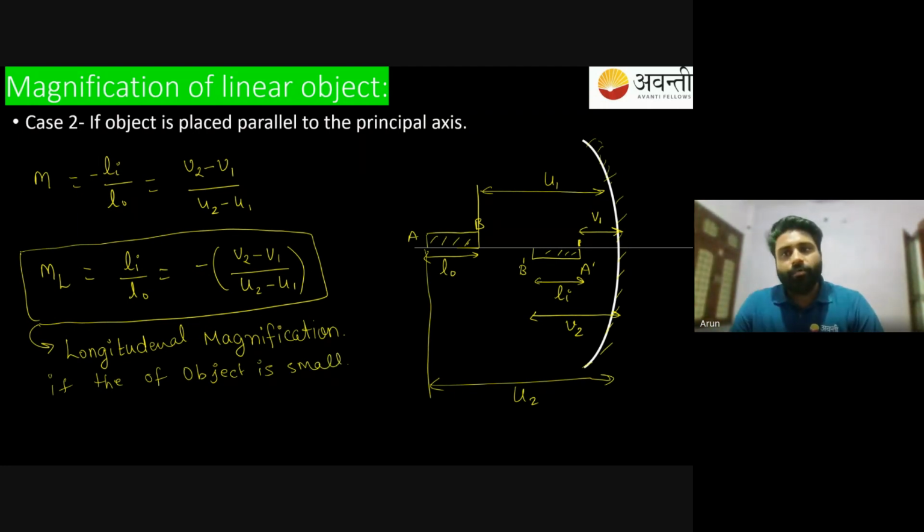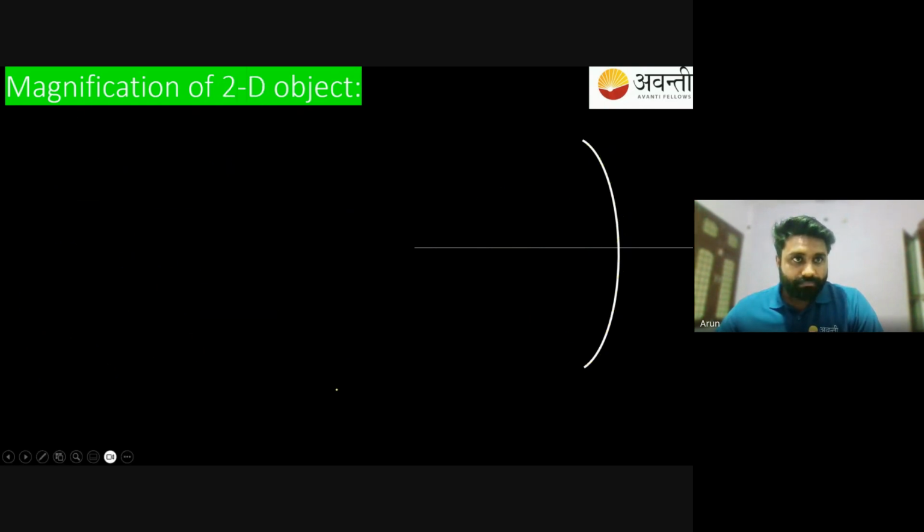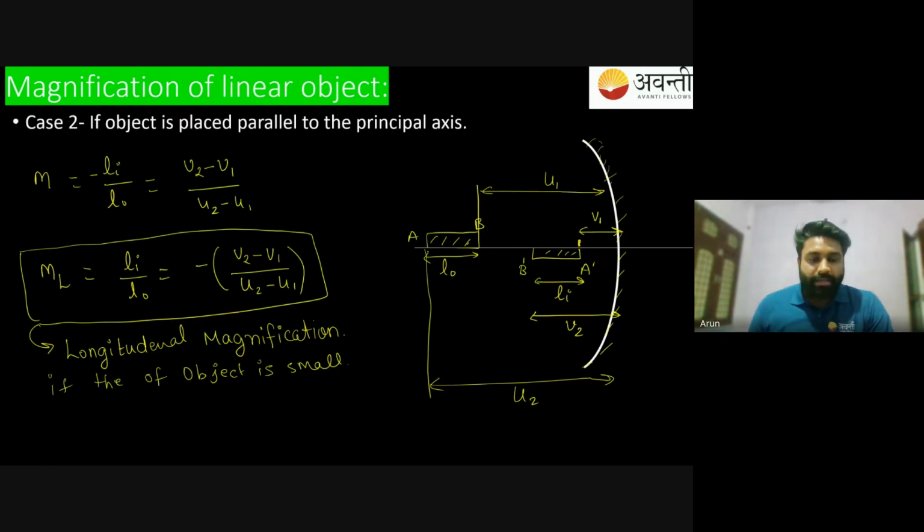We have the mirror formula, which is 1 upon v plus 1 upon u is equal to 1 upon f.